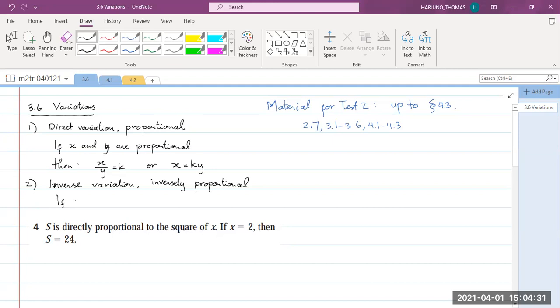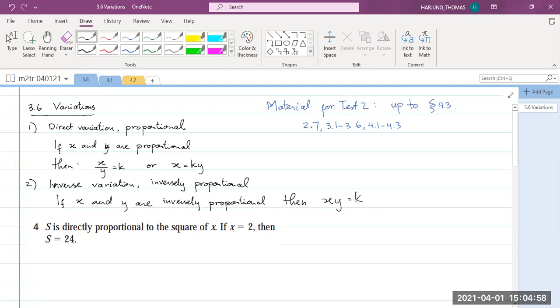If x and y are inversely proportional, then what it means is x times y equals a constant.